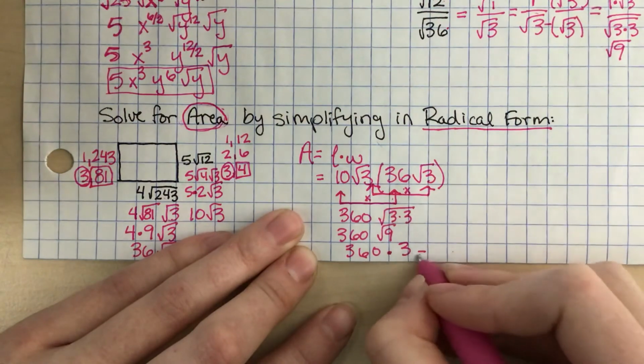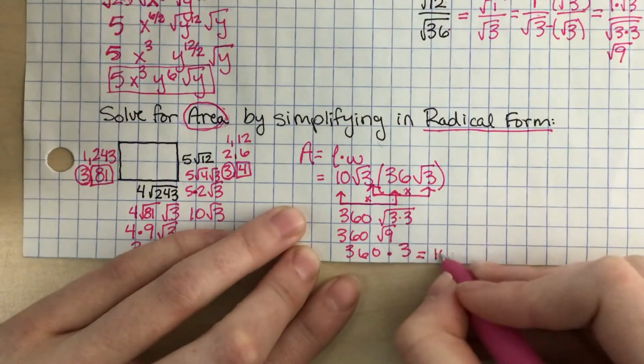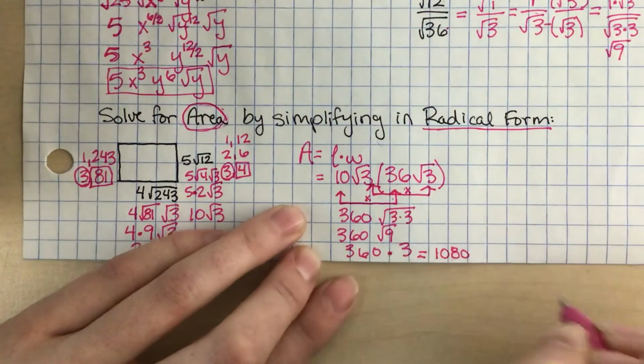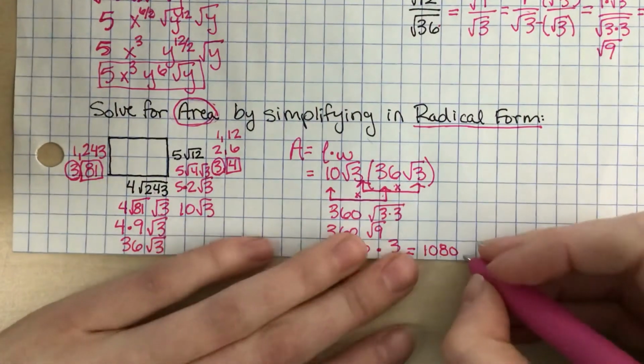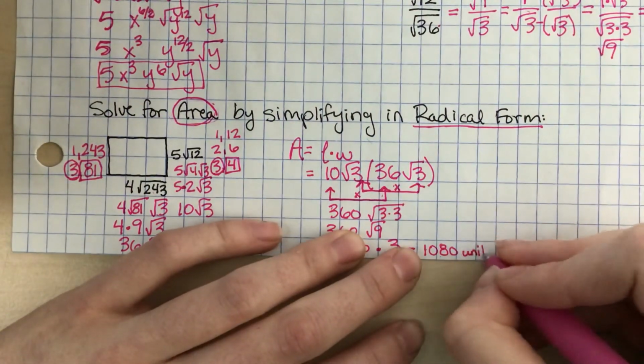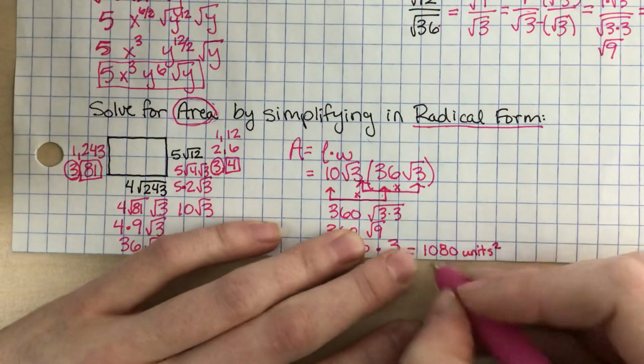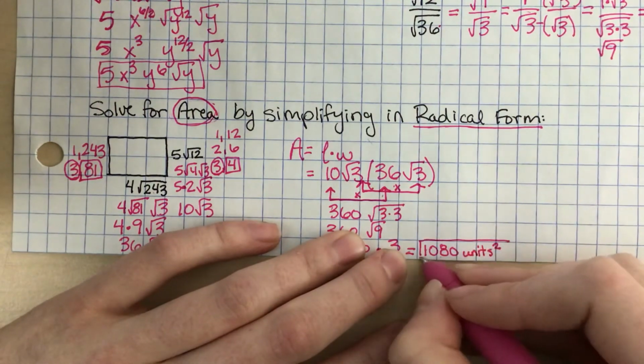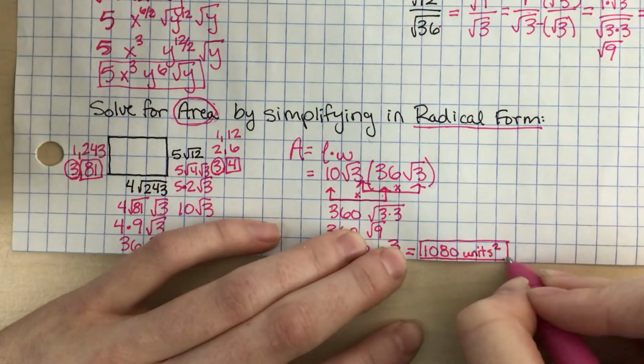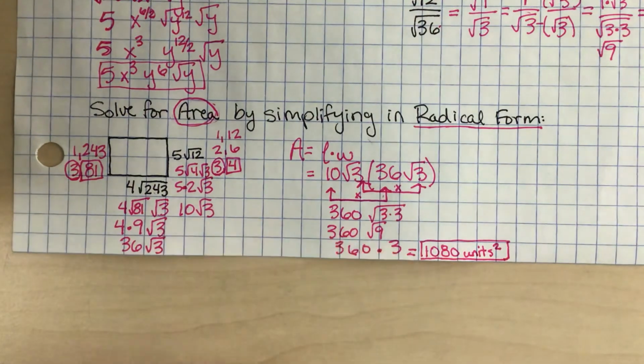And when I multiply those two things together, my final answer is 1080. Now, I don't know what the units were for this, so I would just say that this is units squared. We want to make sure that we are following the context of the problem. We're not just multiplying two radicals together. We are finding the area of a rectangle.